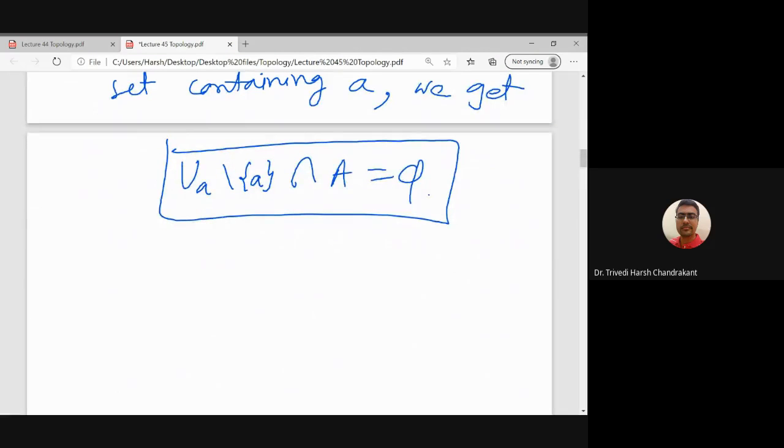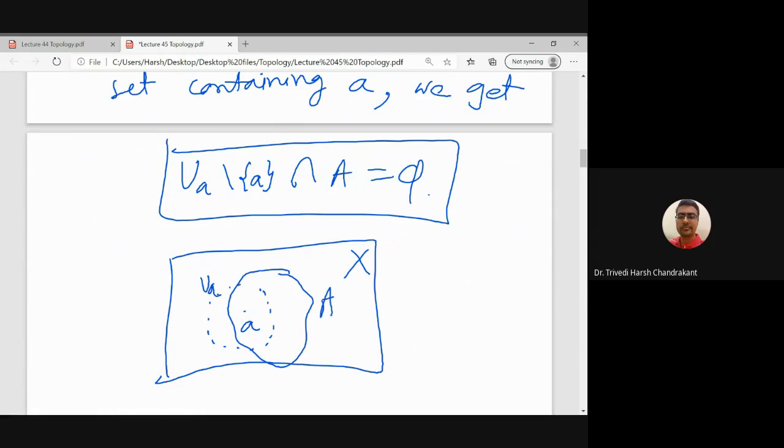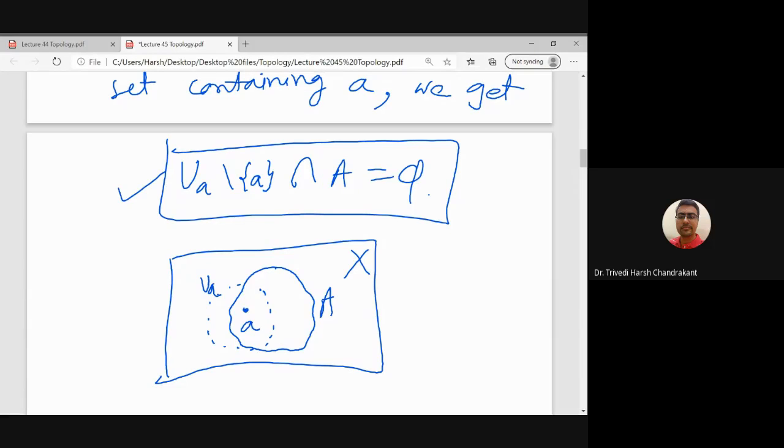Right? So using this, what we get is that we have a topological space X in which we have a point a and a neighborhood U_a which contains that point, and then we have a set capital A which contains this point a. This condition says that when I delete singleton a from U_a, its intersection with A is the null set. So A does not contain any point of U_a other than a.